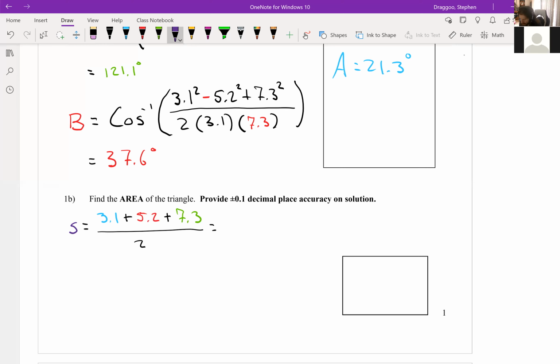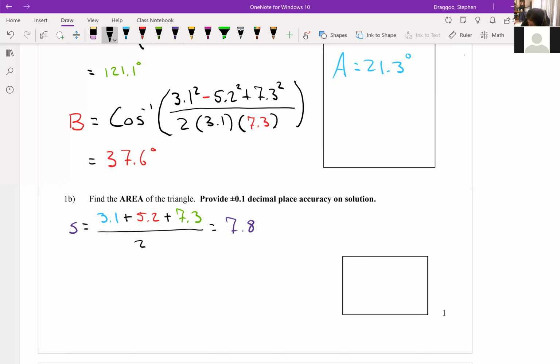It's going to be 15.6, but over 2. So it's 15.6 over 2. It's nearly 8, but 0.2 less. So 7.8. Cool, so I think that's S.